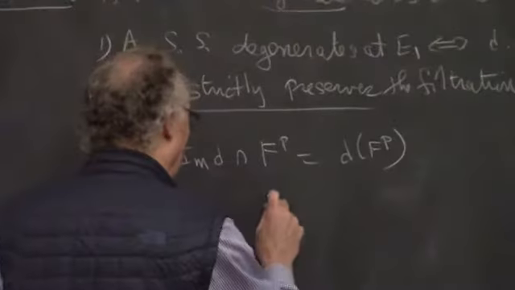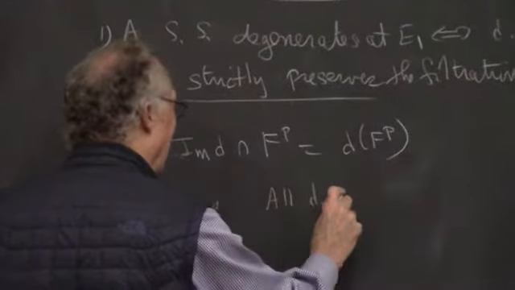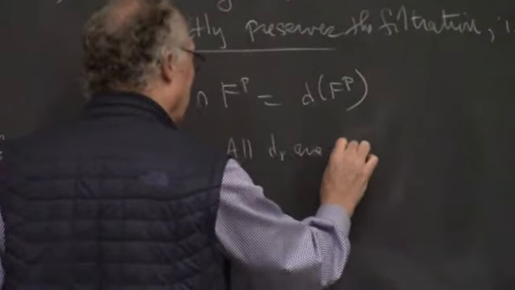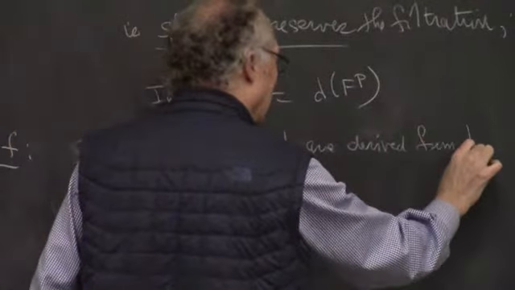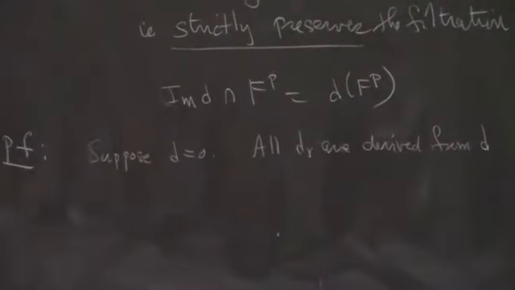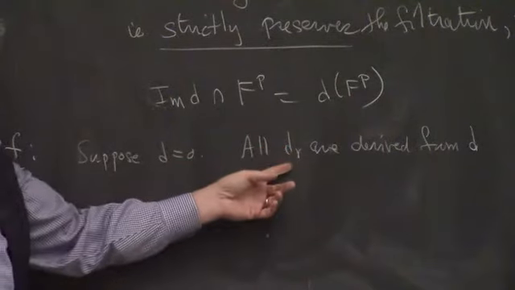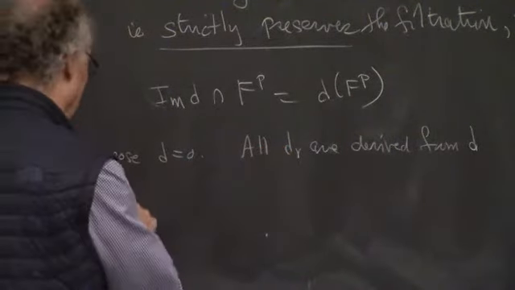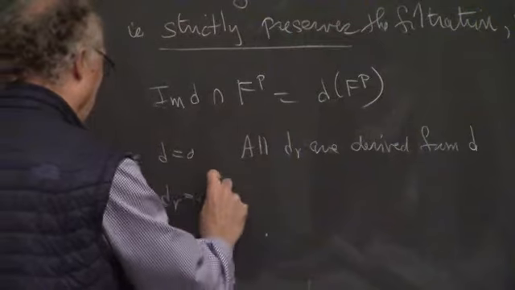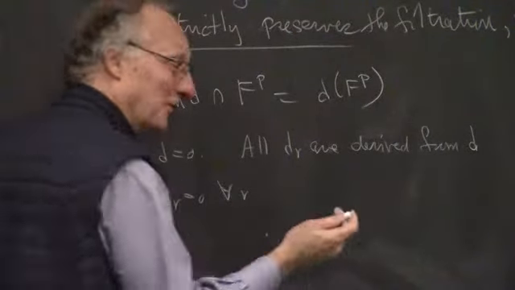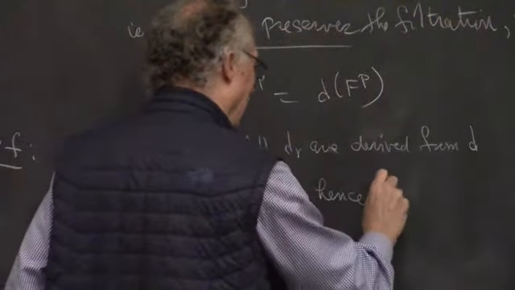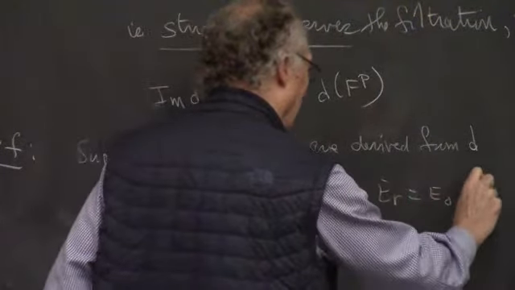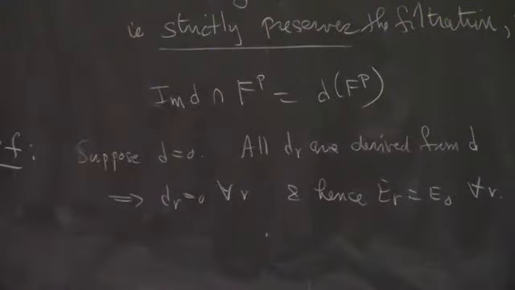Then remember all the dr are derived from D. Well, if D is 0, all these derived dr are 0. So that implies that dr equals 0 for all r, and hence the spectral sequence collapses. In particular, E infinity equals E1.